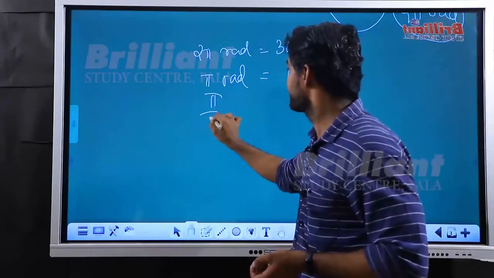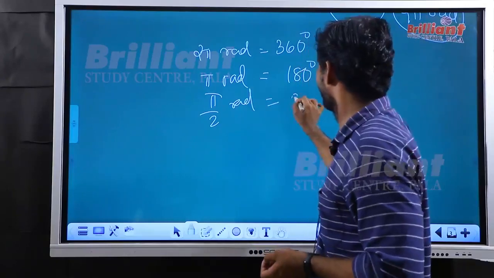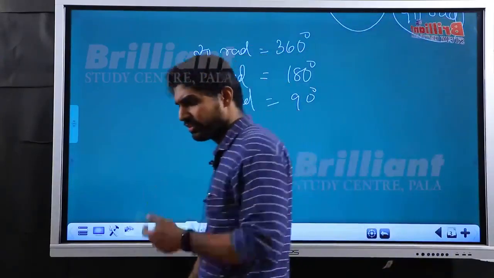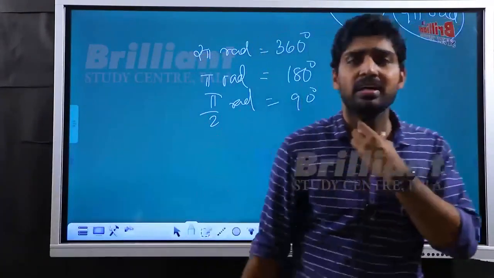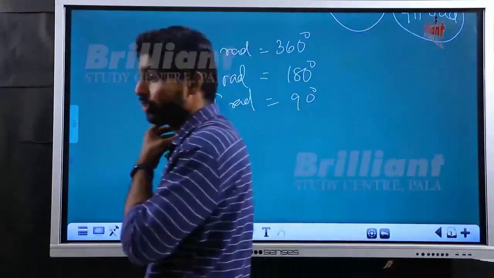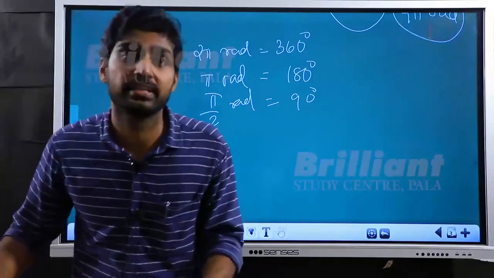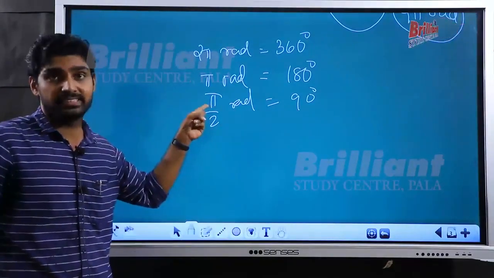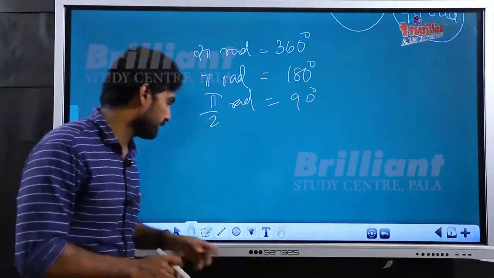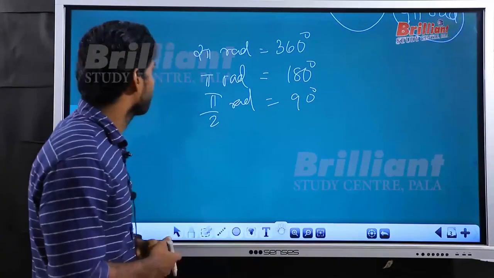Pi by 2 radians, it is 90 degrees. In mathematics you will learn trigonometry, which is basically the study about angles, and in that you will be using radians from now onwards. So you will see that in mathematics classes.